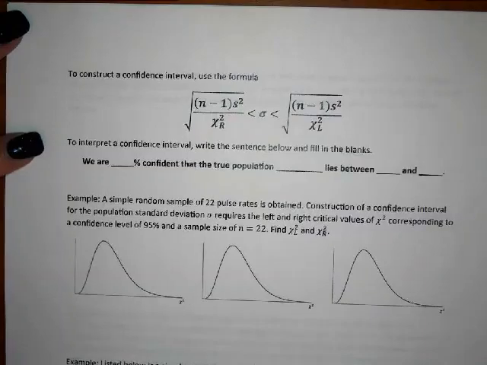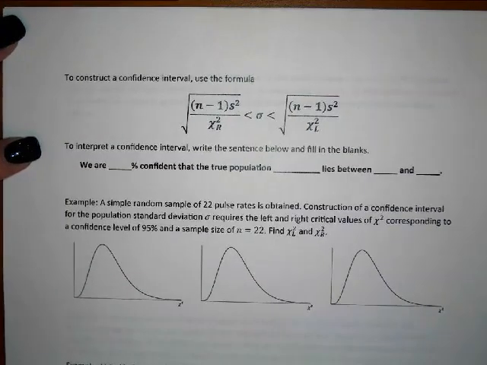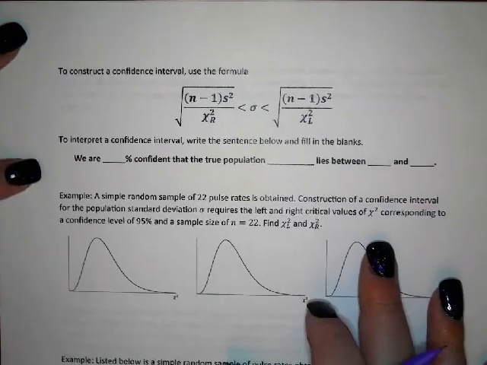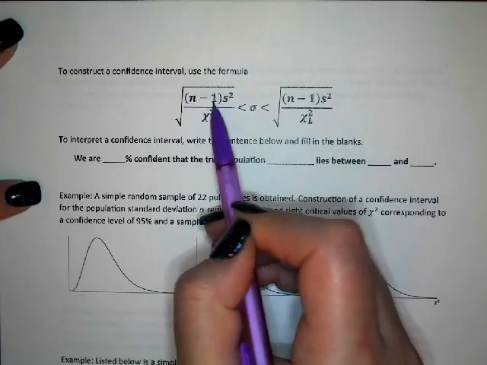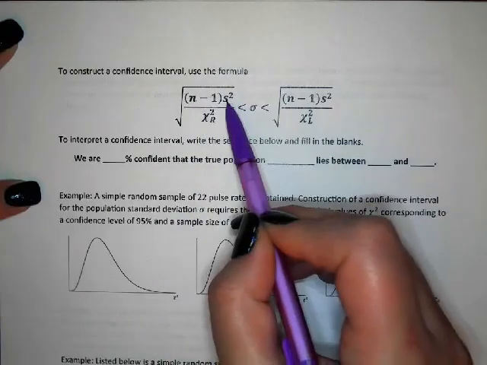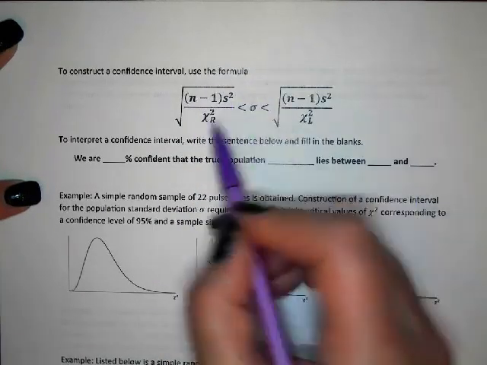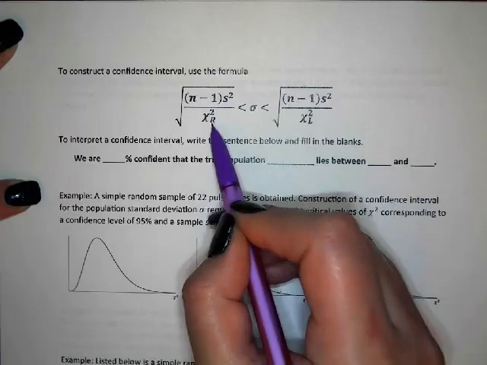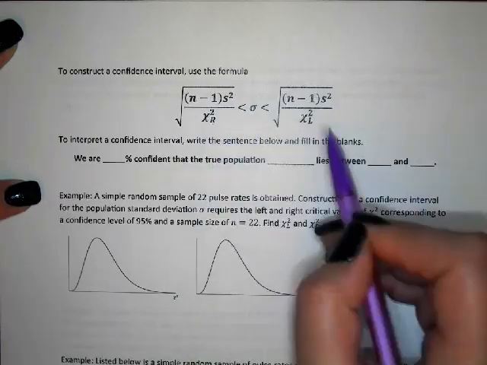Okay, so here is the formula for constructing a confidence interval. N-1 is the degree of freedom, S is the standard deviation, and then we have the chi-square on the right, the critical value from the right, and the critical value from the left.